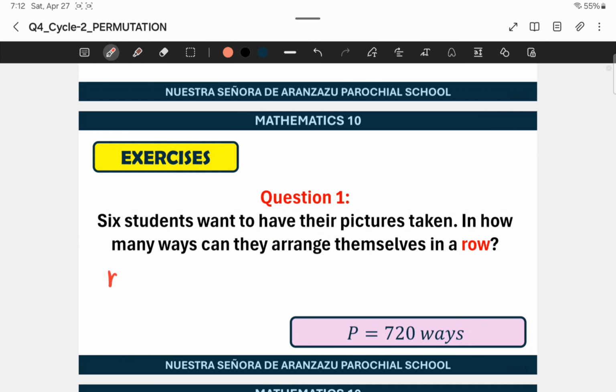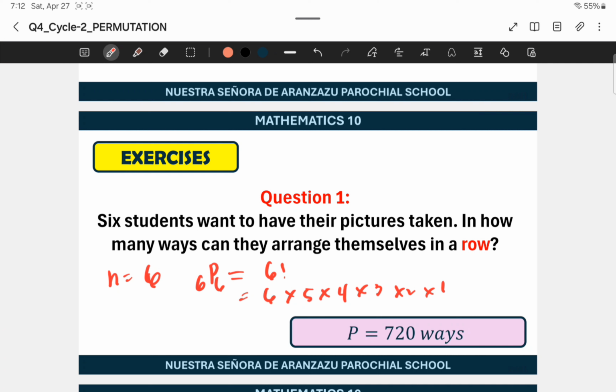So yung n natin dito will be 6. So that is simply 6P6 or 6 factorial. And 6 factorial is equal to 6 times 5, 4, 3, 2, 1, and that is equal to 720 ways.